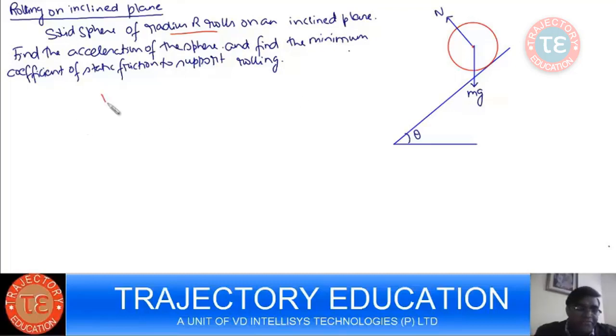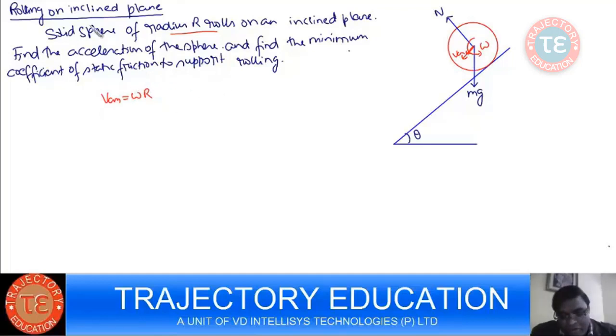It means VCM must be equal to omega r. You have some VCM and you have omega. If the sphere is rolling, then VCM must be equal to omega r.